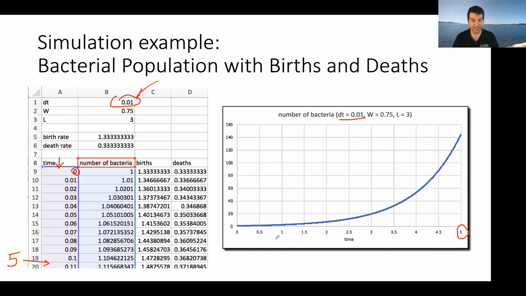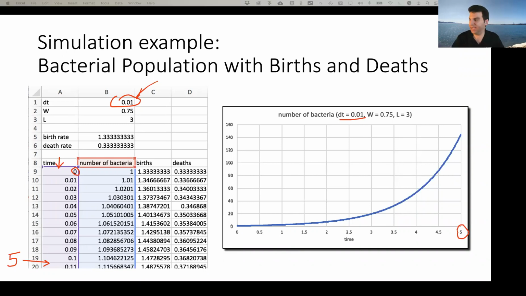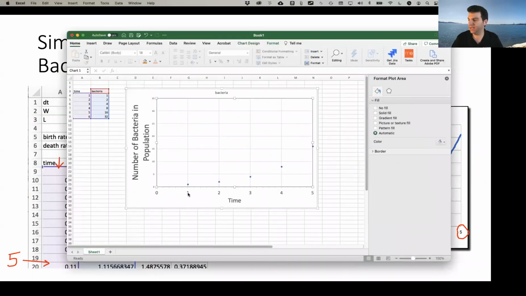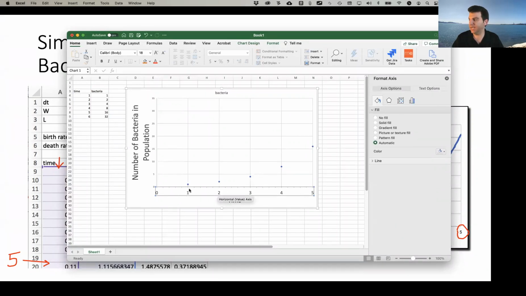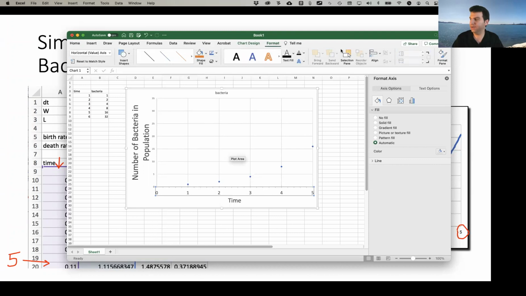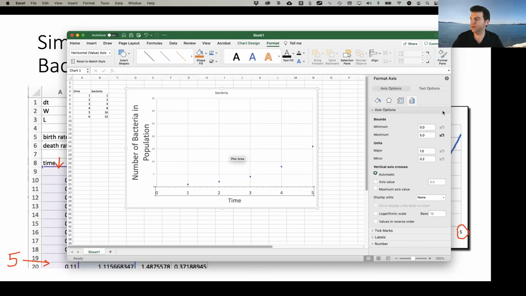If you really want to force them, if I go back to my Excel example here, you can click on the axis that you want to change and wait for all the numbers to get highlighted. Go into your format menu up here, make sure your format pane is up, which is this thing here.